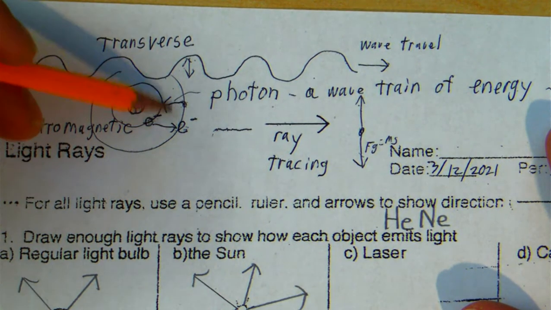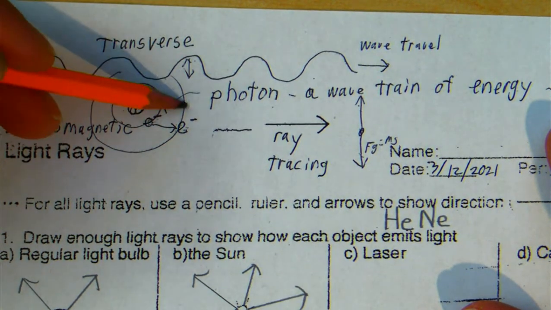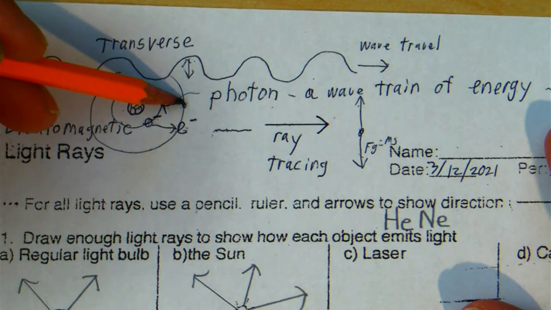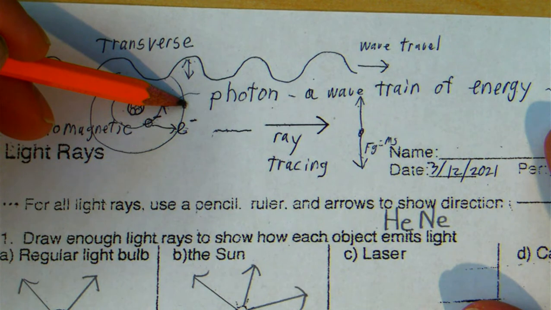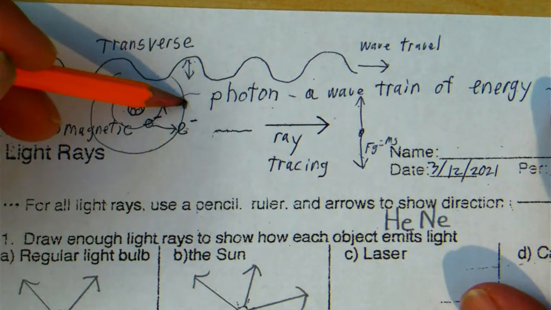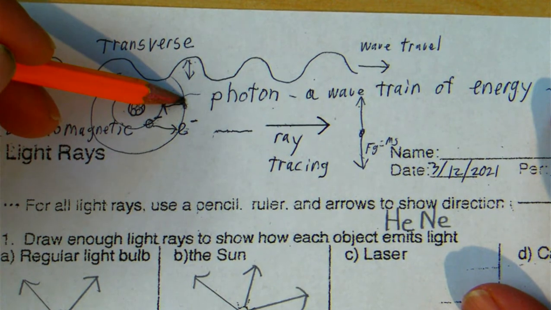That's called a metastable state. So instead of immediately jumping back down to the lowest available energy level after you give them a boost up, they linger for a little time up here. A long time scale for an atom, maybe short for you and me, but they linger in this metastable state.